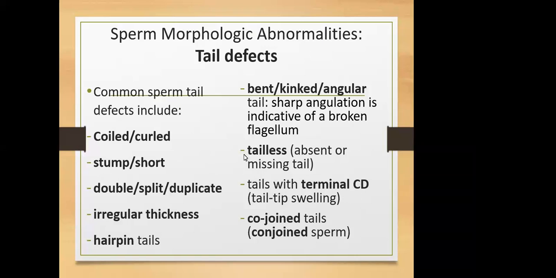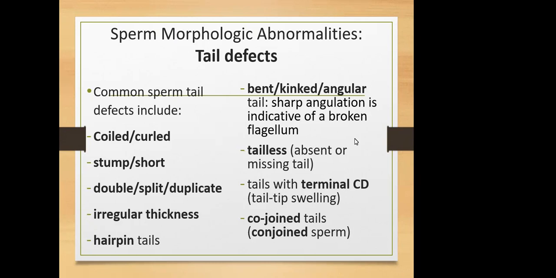So tailless, the tail is absent. So now I get you. If it's tailless, it's going to be hard. So head, you have the headless and then tailless. So which is which? Headless, it could be a tail without a head.